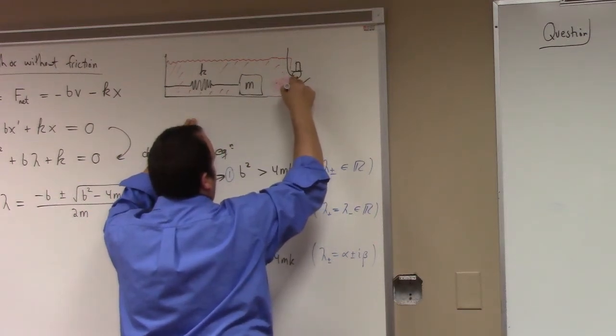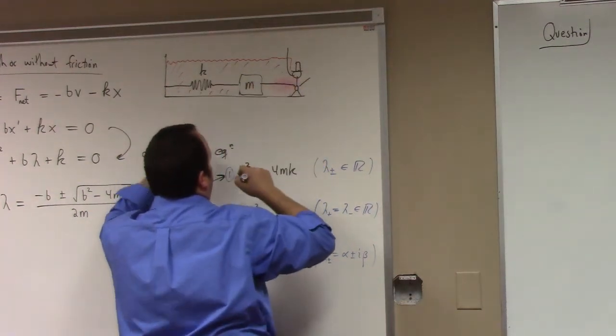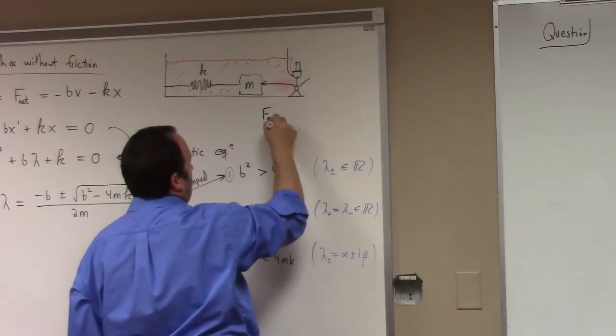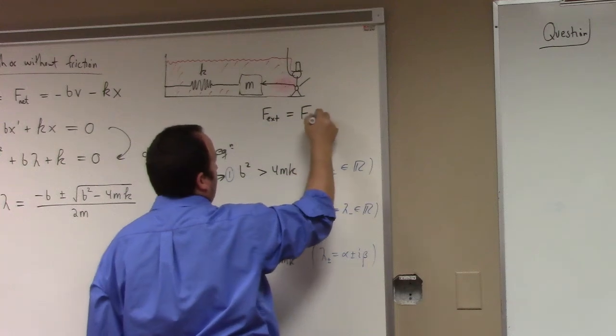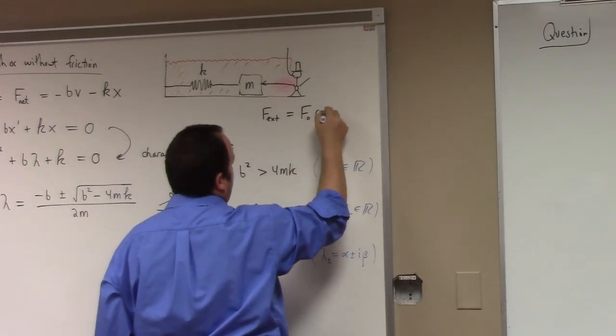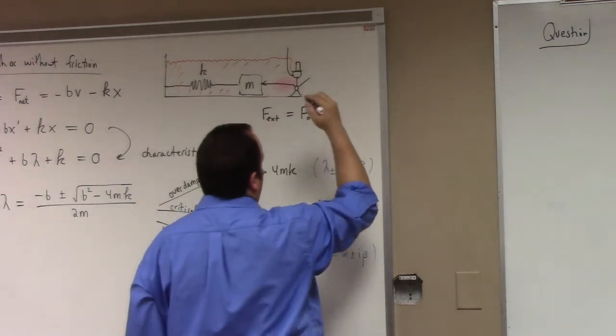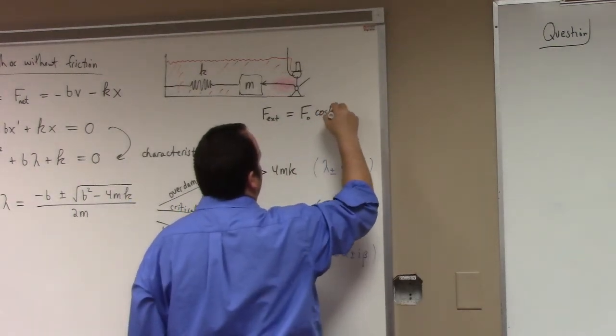And you give him a stick, and he can push with an external force equal to F naught cosine of, say, gamma t.